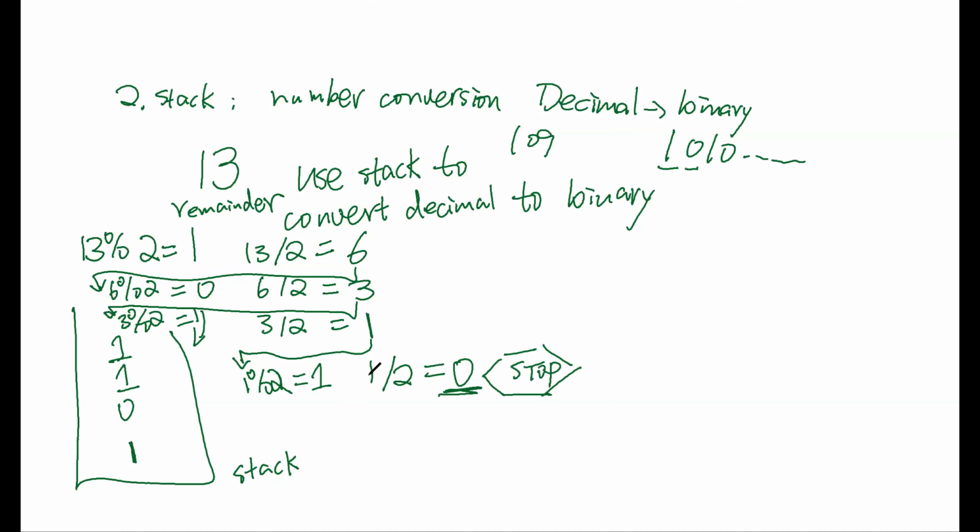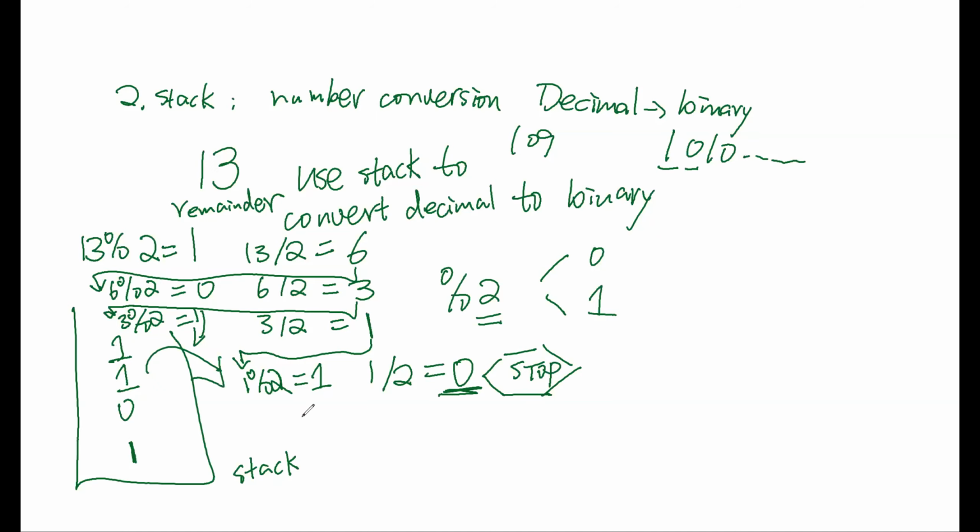We are not going to continue the modulo and divide by 2 sequence anymore. So this stack stores either 1 or 0, because you do modulo 2, and you only have 2 cases, either 0 or 1.